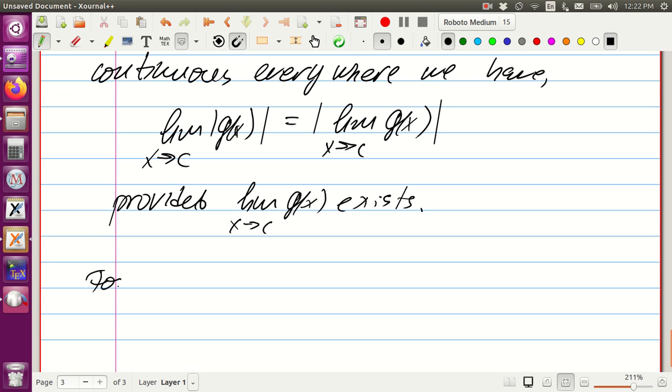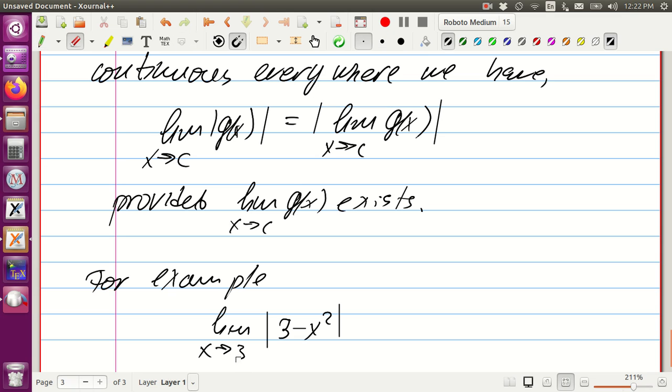So for example, we have the limit of 3 minus x squared when x goes to 2 is equal to the absolute value of the limit of 3 minus x squared when x goes to 2.